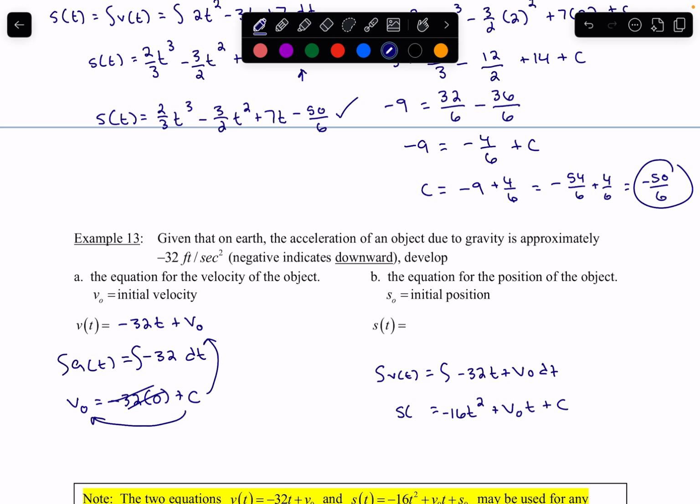So this is my s of t, but it gave me initial position of s naught. So when t is 0, I get my initial position. So t being 0 makes that go away and that go away, and I'm just left with c. So in this case, c is the same thing as s naught. So my position function is just negative 16t squared plus v naught t plus s naught.